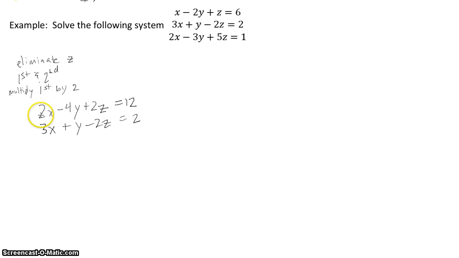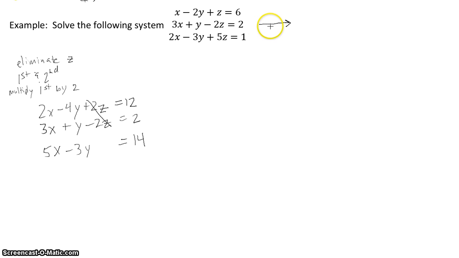So what I'm left with, if I combine these, is 5x minus 3y, the z's eliminate, equals 14. Now, eliminating usually gets rid of one variable, so there's only one variable left.